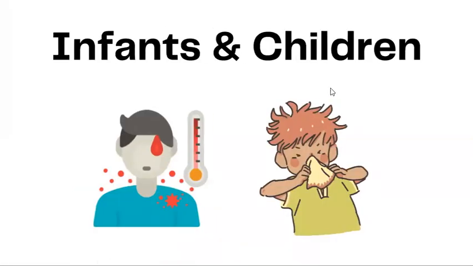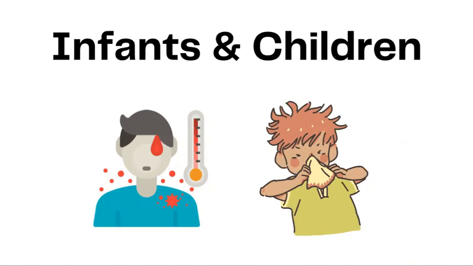Then we will discuss how we have to deal with infants and children for that condition. As I have told already, the children who are premature or 6 months or younger, or the children having chronic lung disease, or a weakened immune system, or neuromuscular disorder, are at risk of developing that condition, and they might get severe infections like bronchiolitis and pneumonia that can be a health hazard for them.